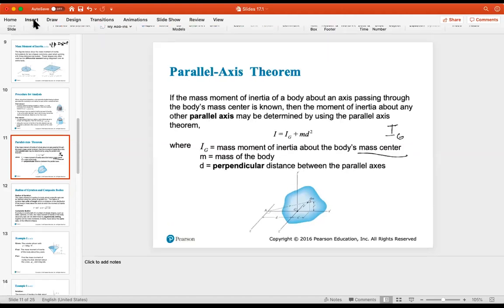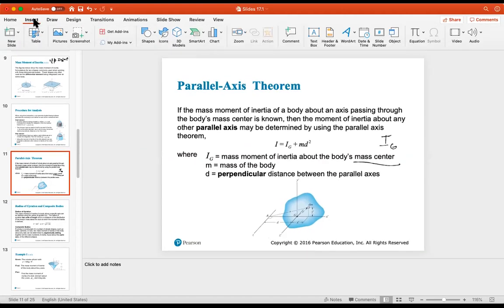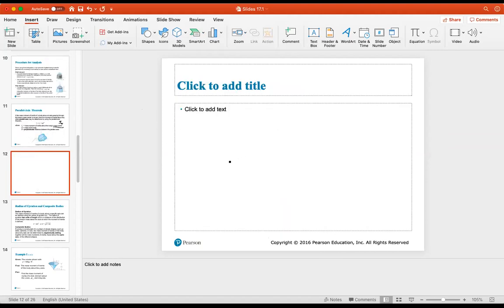Doing a couple of examples is useful just to know. So let's insert a blank slide. A useful result would be, let's do a rod, for example.